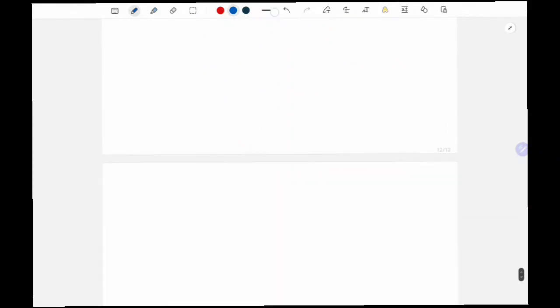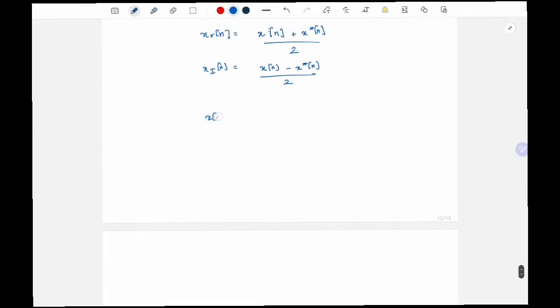So if you write your x of n as x real part of n plus j into x imaginary part of n, and if you substitute it in the DFT formula, what do you have? Summation n equal to 0 to n minus 1 x of n e power minus j 2 pi k n by n, and k is equal to 0 to n minus 1.